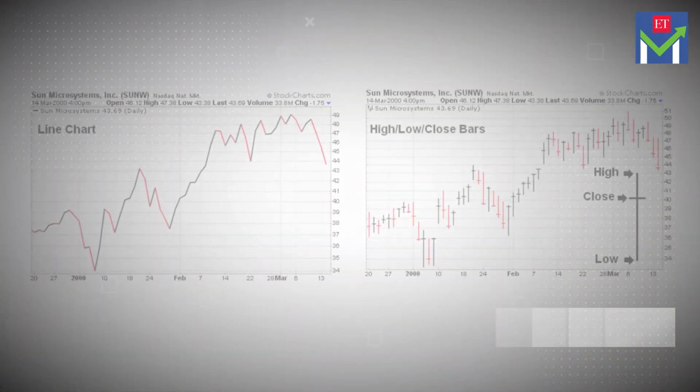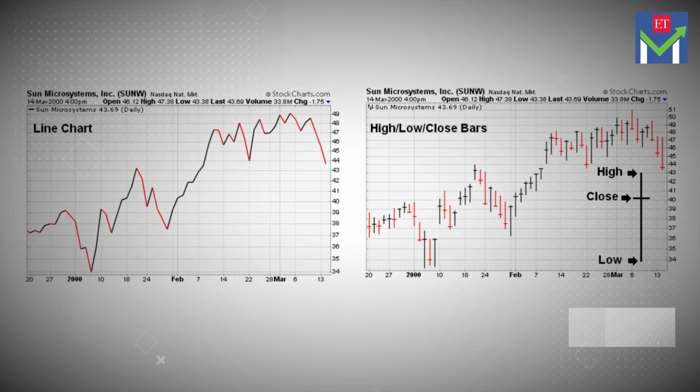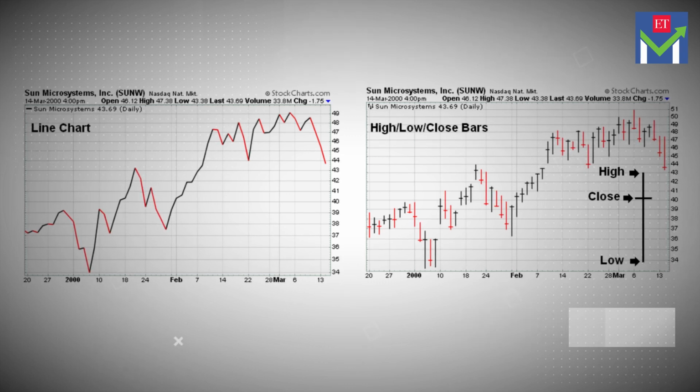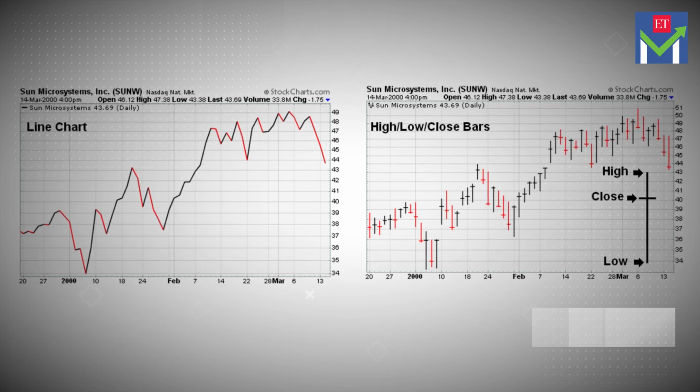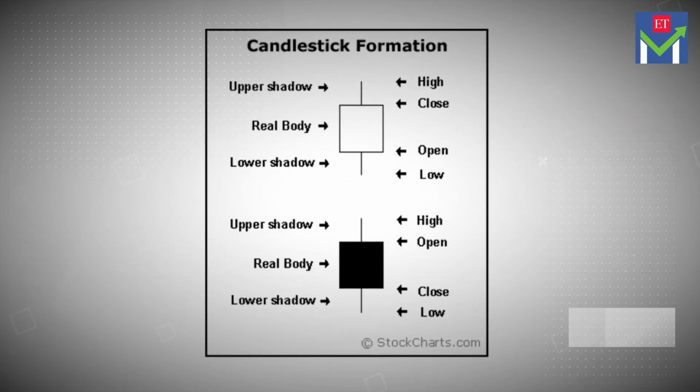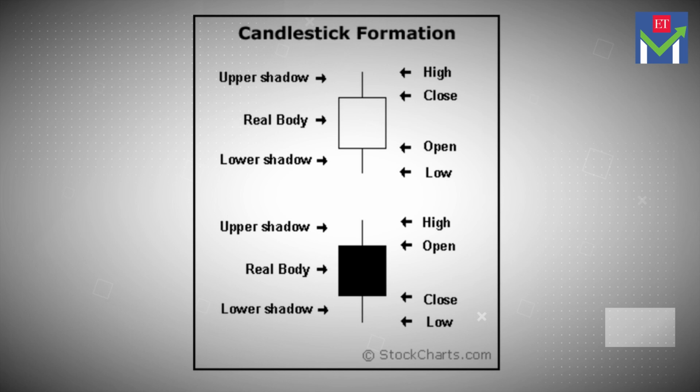Candles, as we all know, are one of the most widely used forms of chart, and they date back more than 250 years, coming into existence even before the traditional line and bar charts. The difference is that a bar chart or a line chart will show you the price, whereas the candle will also show you the force associated with the move in price. It incorporates all four data points, that is open, high, low and close, whereas the bar takes care of only the high and the low, and the line only the close.